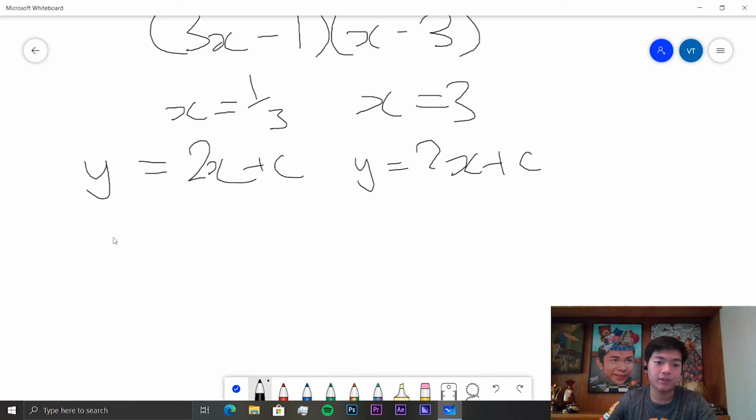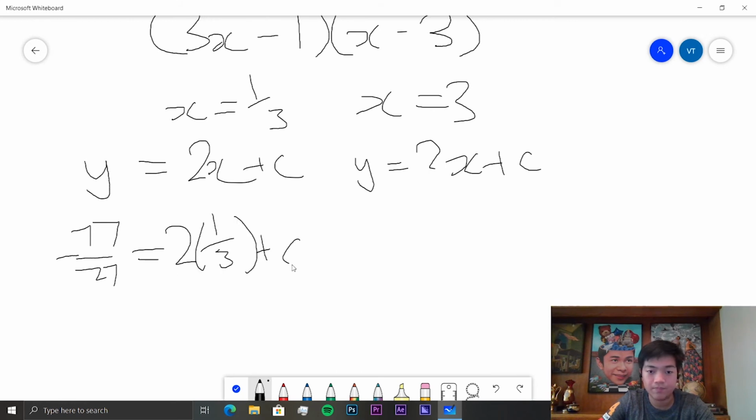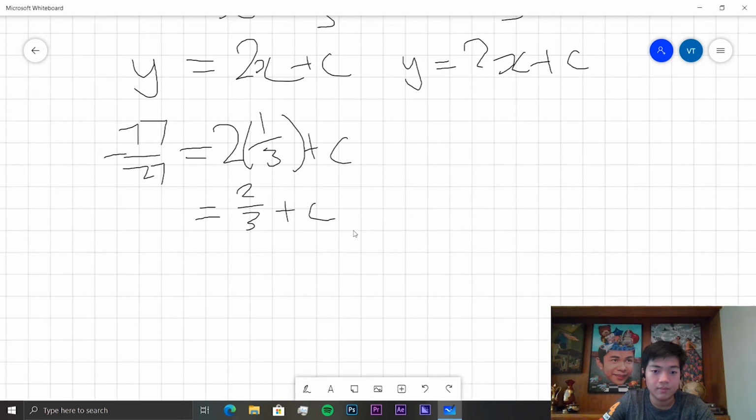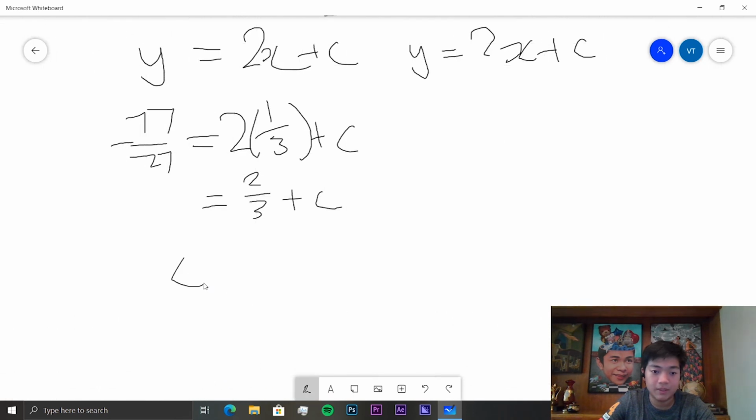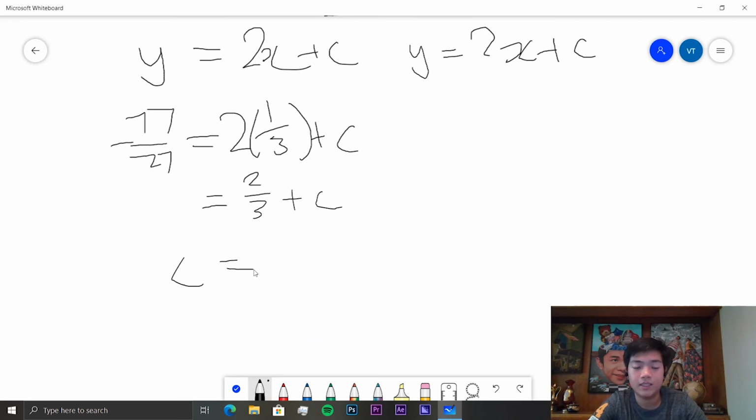In this case, the coordinates must be negative 77 over 27 is equal to 2 times 1/3 plus c. So we have this is equal to 2/3 plus c. So c must be equal to negative 77 over 27 minus a further 2 times 9 minus 18.